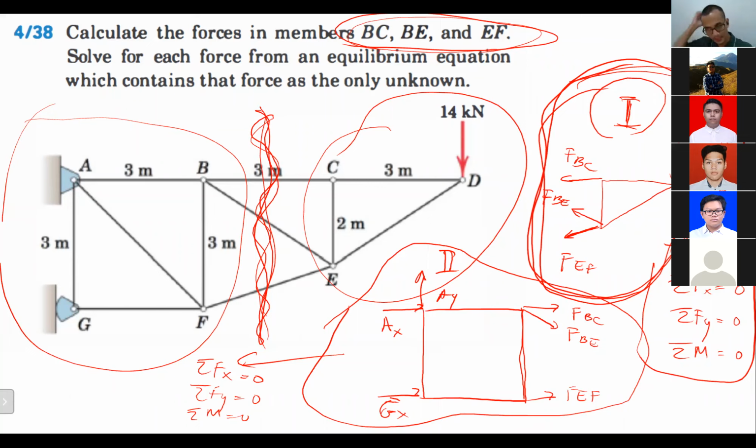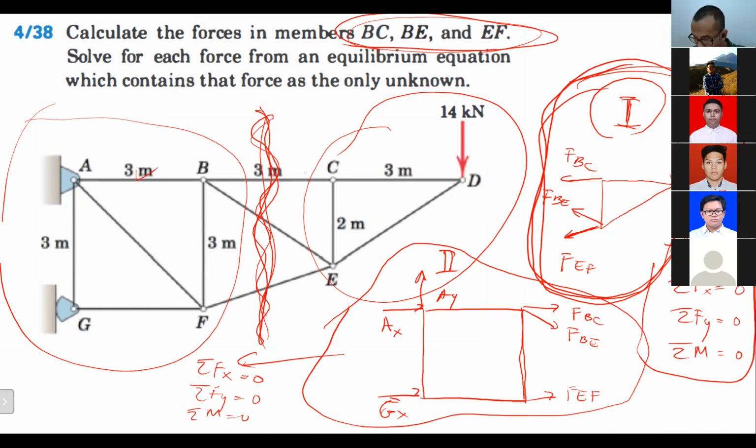Okay, but sometimes, for example, if the asked members are AB, BC, and BE, it will not be possible to solve it just by using one free body diagram. It's not enough to solve it just by using one cut. Like this, right?